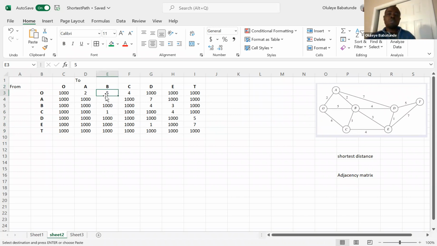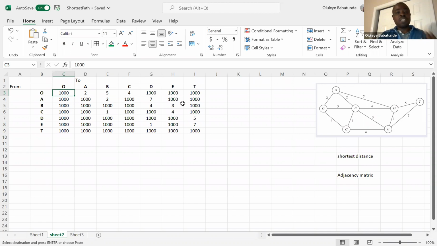Now, we don't have A to O. All those places where there is no connection, where there is no possibility, just fill them up with any big number like 10,000 or 1,000, because those paths will be useless for you, because we are actually computing the shortest distance. So all the paths, the edges without connection, fill them up with 1,000.